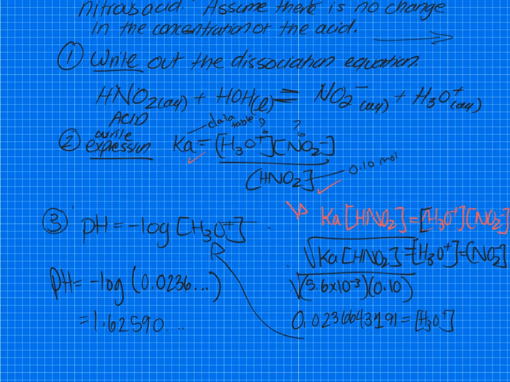But I started with 0.10, so that's 2 sig figs. So that means that I would write 1.63 as my pH, because remember that only the numbers after the decimal place count as sig figs in pH and pOH.